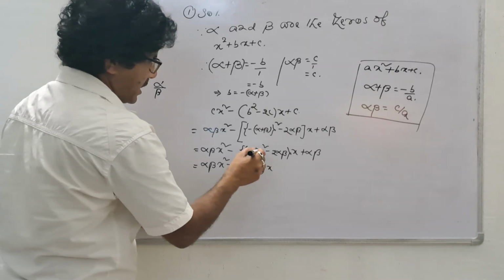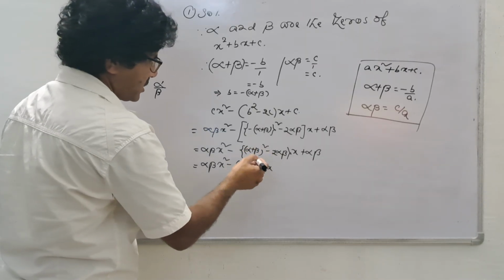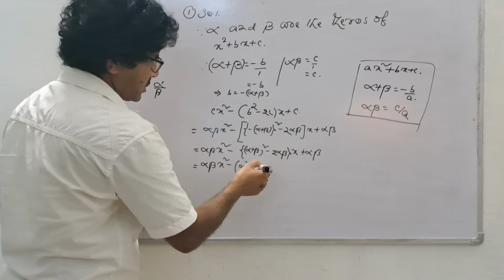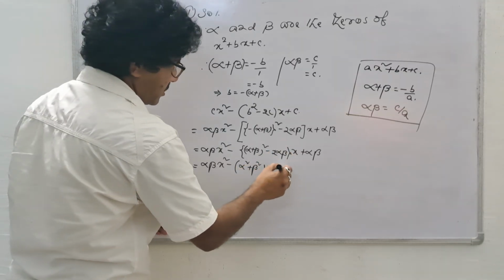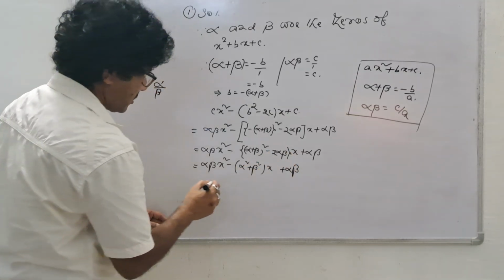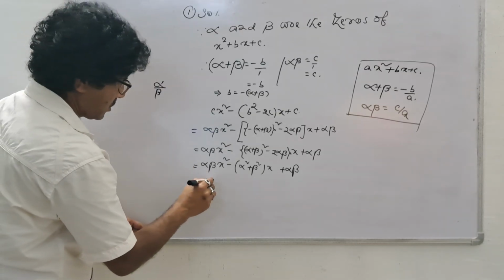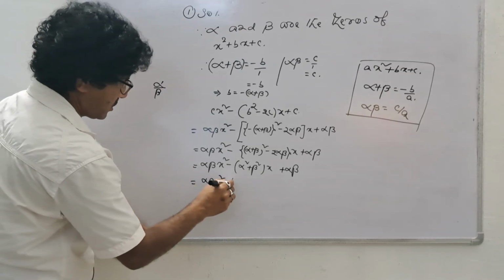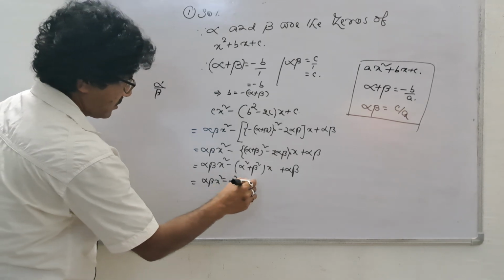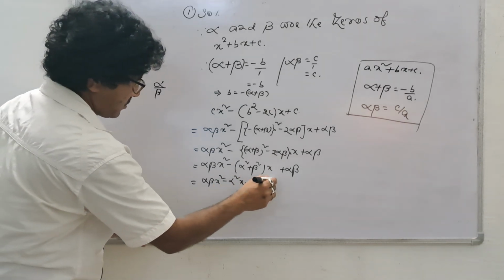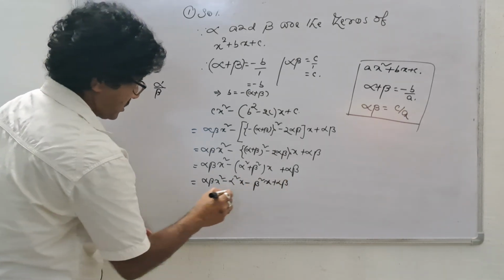If you break a plus b whole square, then also you will get this. Now we have alpha beta x squared minus alpha square x minus beta square x plus alpha beta.